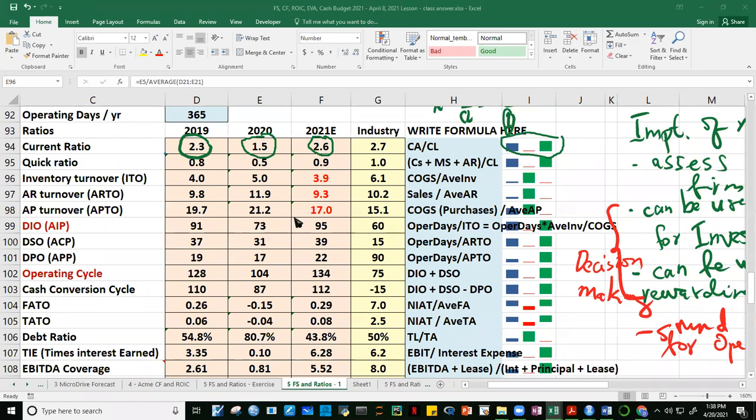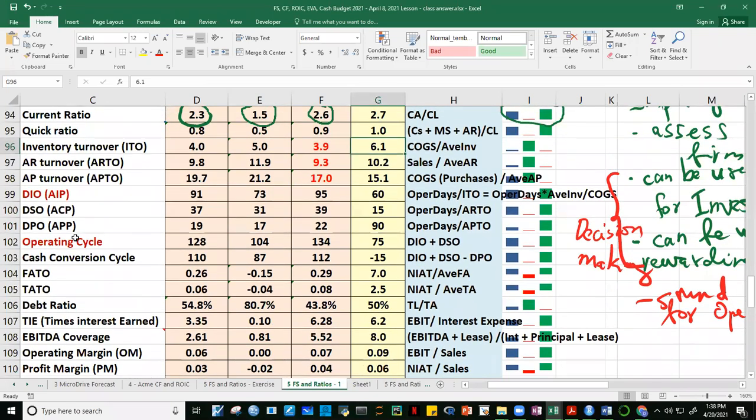Katulad ng ginawa natin dito sa ITO, tinignan natin yung impact sa sales. Hindi na natin tinignan yung impact sa profitability. No? Okay? And then, kinumpare din natin sa benchmark company natin. Okay? So, yun yung mga dimensions ng benchmarking natin. No? Okay. Then, let's go, guys, to the next set.